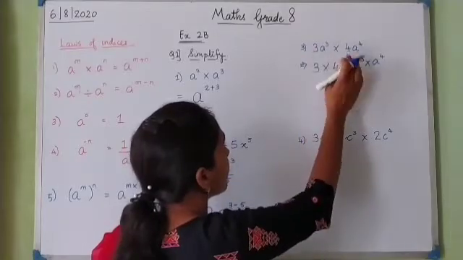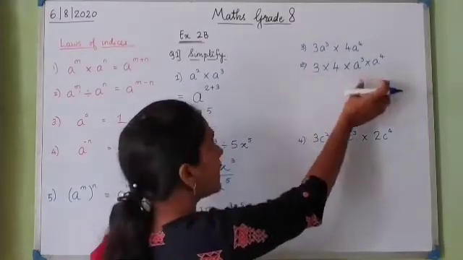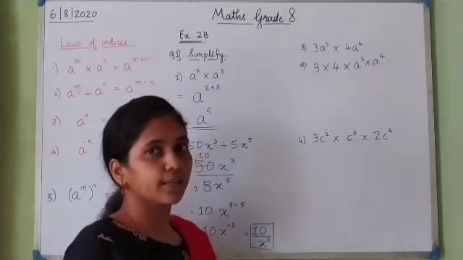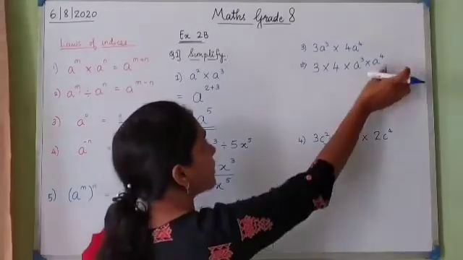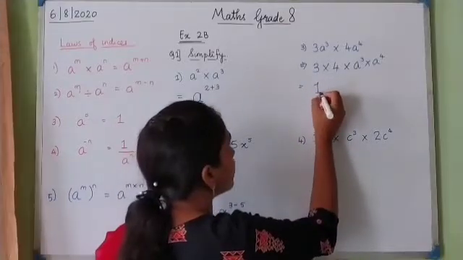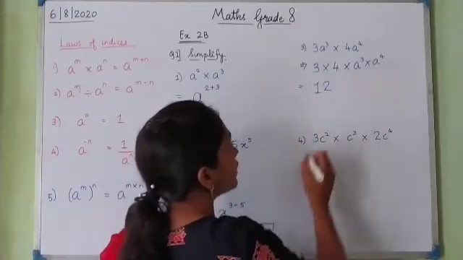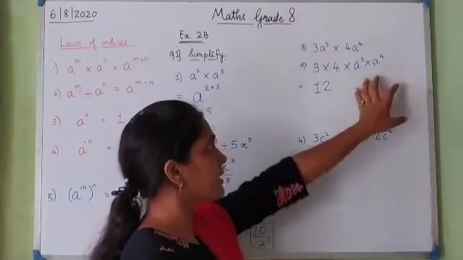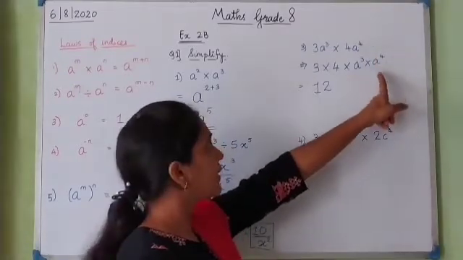I have multiplied the constants together, and the bases and their powers I have multiplied on one side. So this 3 into 4 is 12 and a raised to 3 into a raised to 4. See, bases are same, powers are different and they are multiplied.